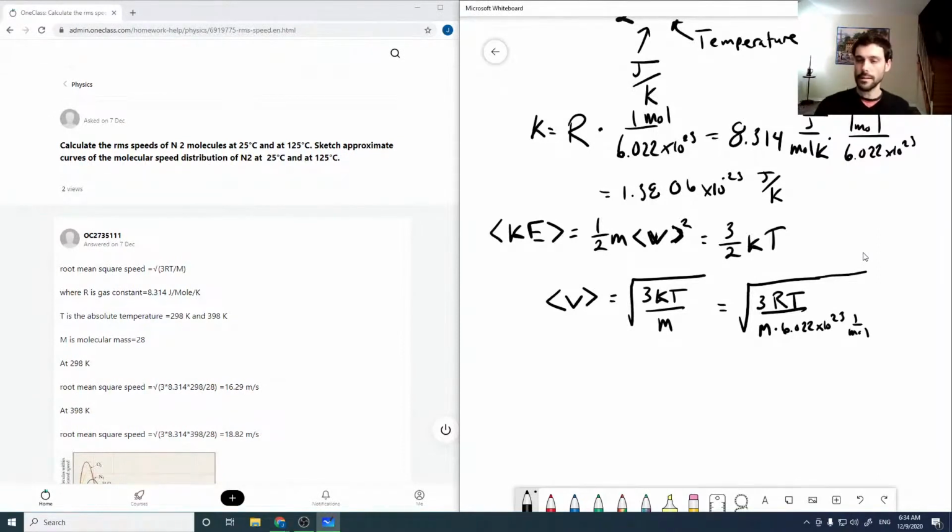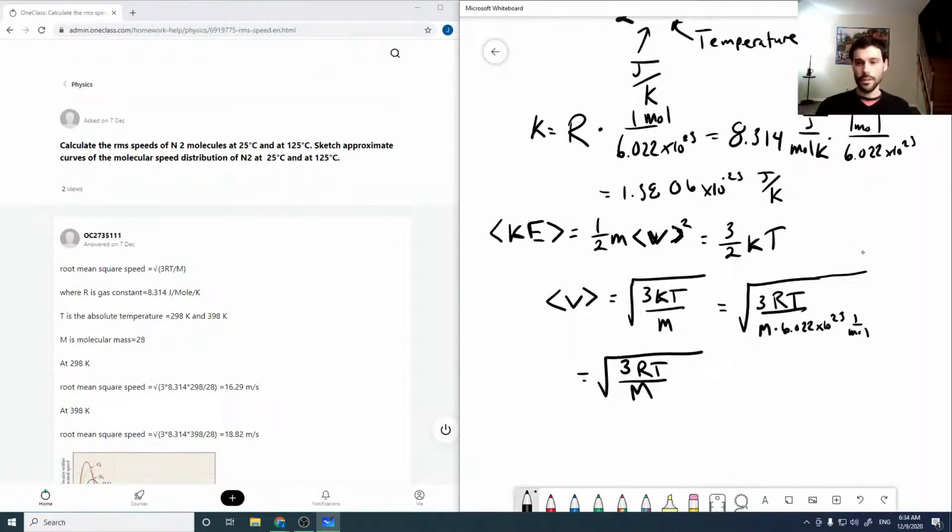And so our mass, which is in grams, times Avogadro's number is just our molar mass. So this is just the root of 3RT over our molar mass. That makes it significantly easier to answer this question.